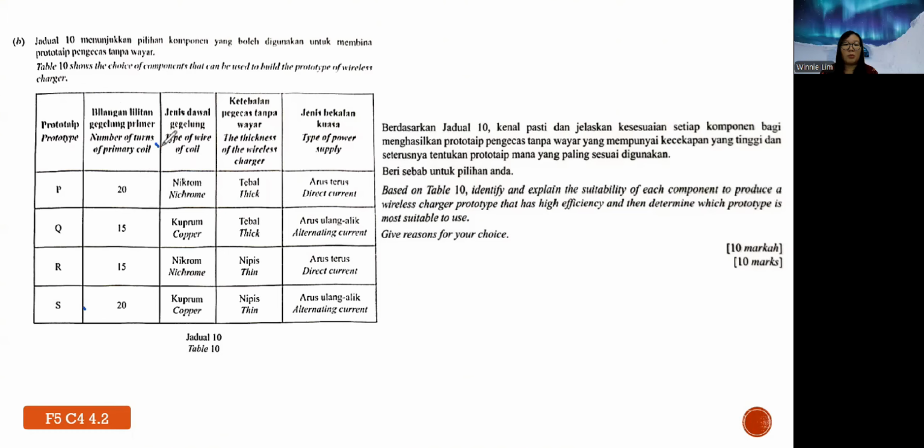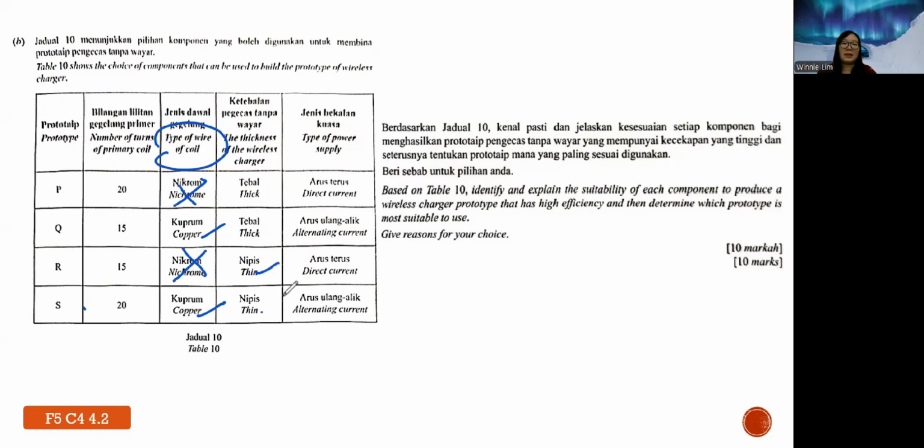And then what is the wire? You should have a good conductor or a bad electrical conductor? You want a good one, right? So which is better, nickel or copper? Copper, because it has low resistance. And then next, you want a thick wireless charger or a thin one?